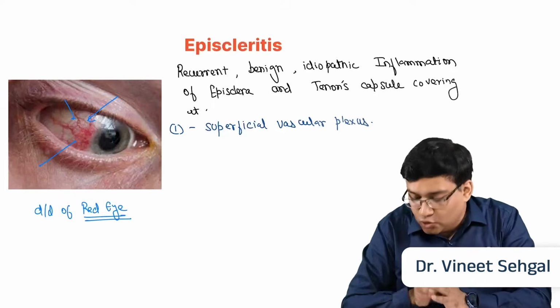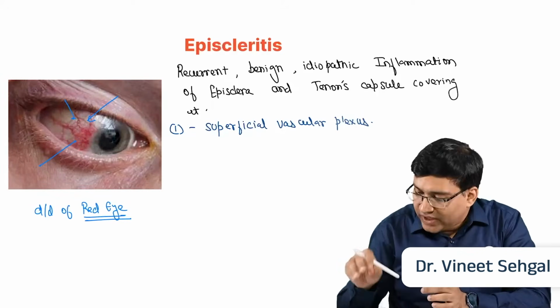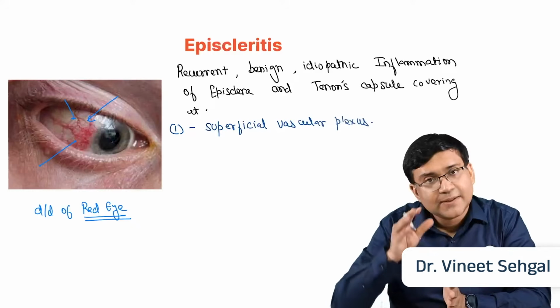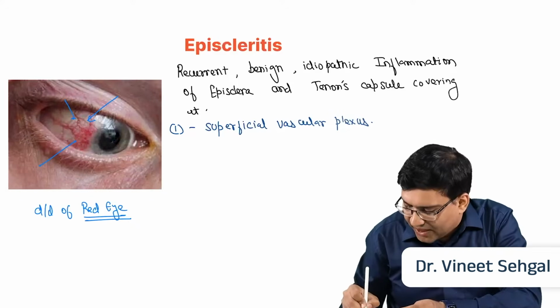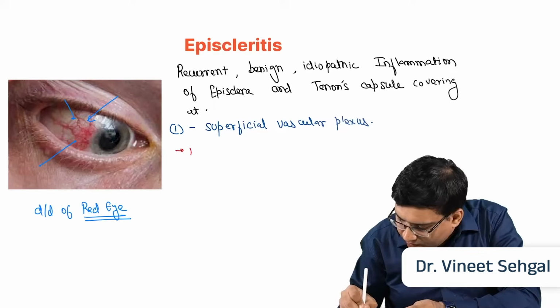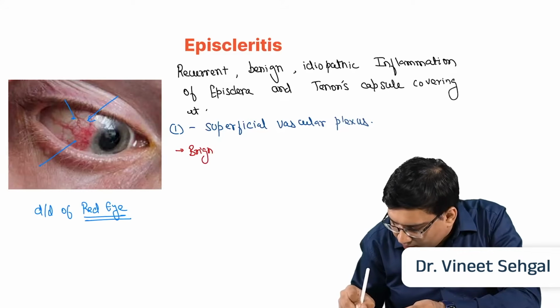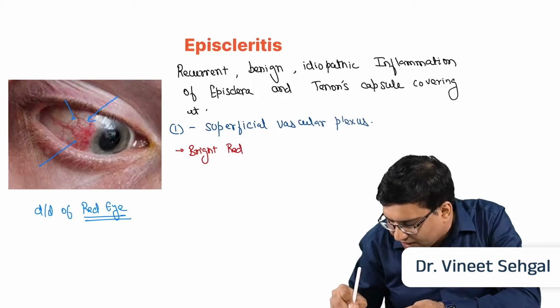In all these cases, you can have a red eye. When the patient has episcleritis, the superficial vessels are involved and you would see a bright red pattern of the vessels, as you can see here.